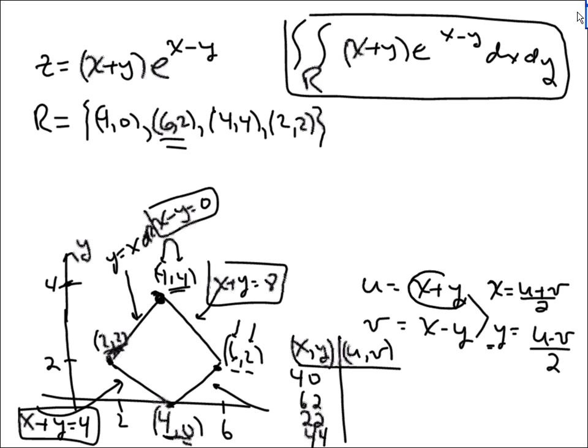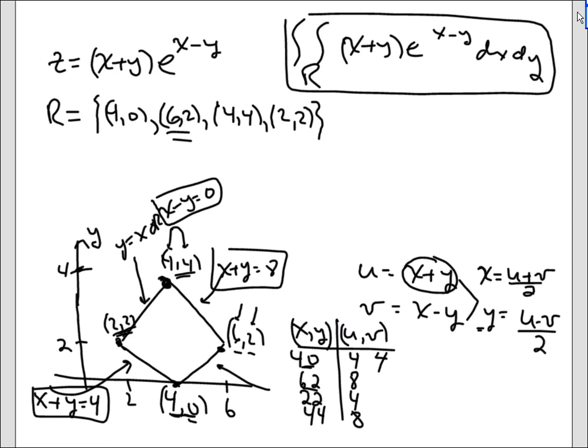To get u, you add x and y: 4 plus 0, 6 plus 2, 2 plus 2, 4 plus 4. To get v, we do x minus y: 4 minus 0, 6 minus 2, 2 minus 2, 4 minus 4. There are my 4 points.